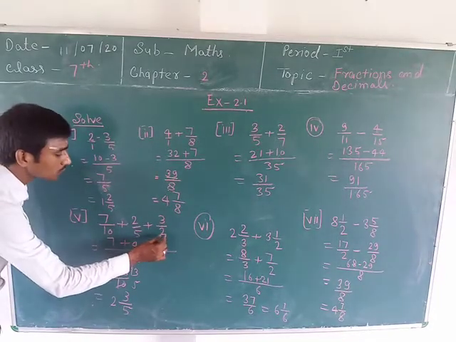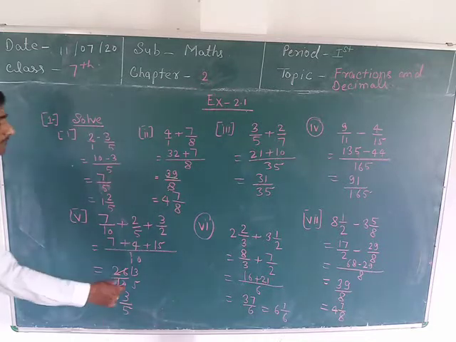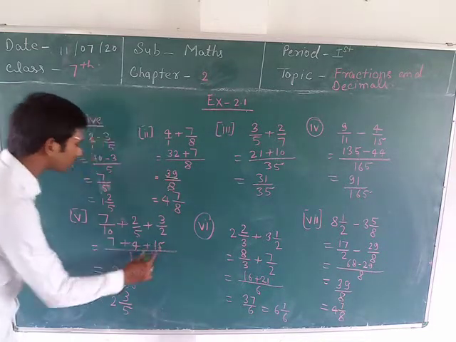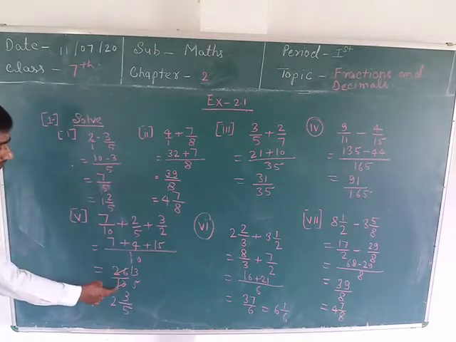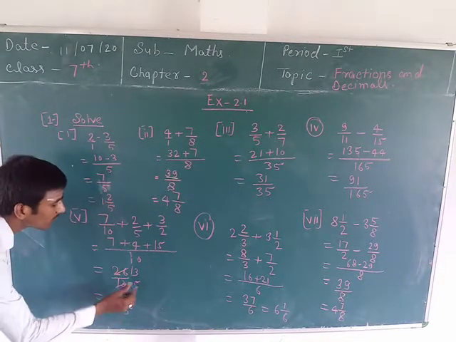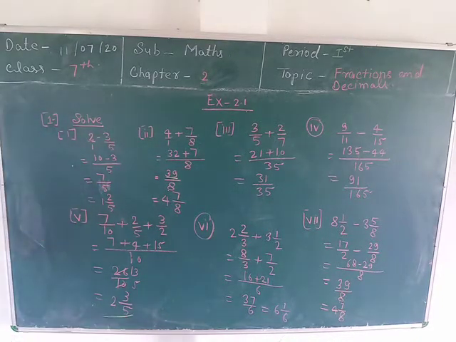Now we divide 10 by 2, we get 5. When we multiply 5 by 3, we get 15. Now we add 7, 4 and 15, we get 26 upon 10. When we solve this, we get 13 upon 5, and we can write it in mixed fraction 2 whole 3 upon 5. Next question.